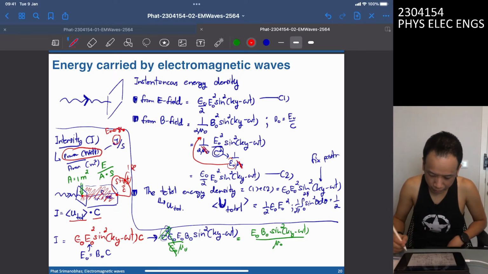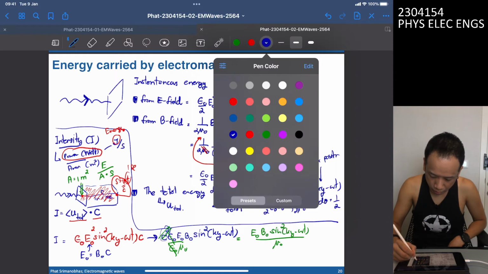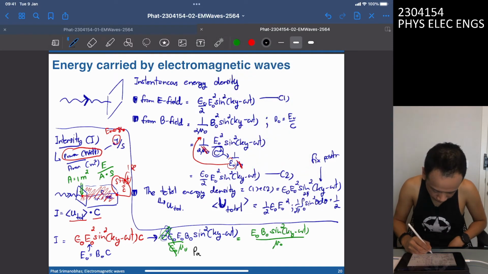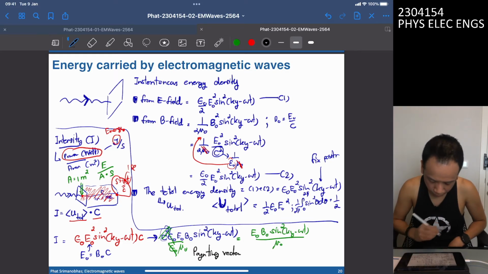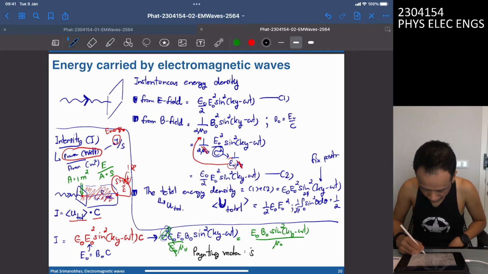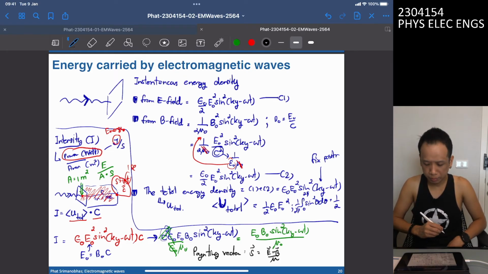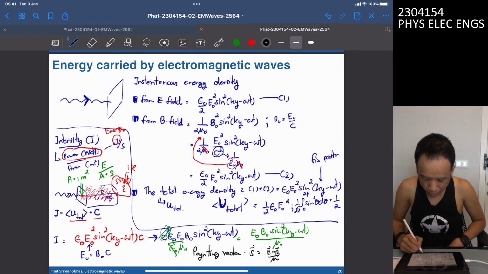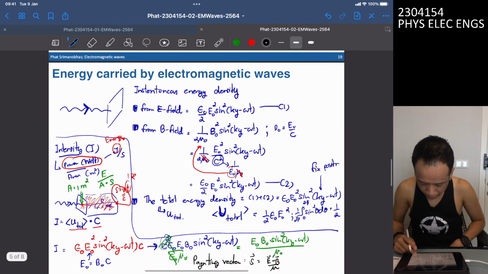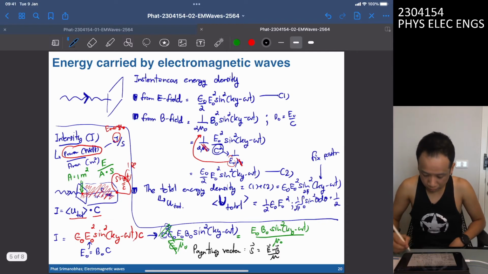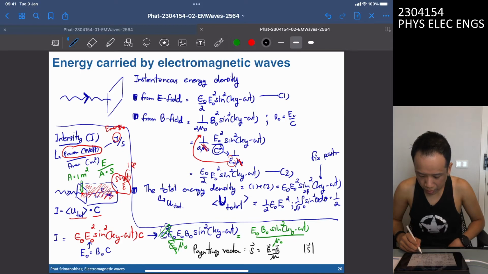Then we define a new parameter called the Poynting vector. The Poynting vector S is defined as E cross B over mu. What exactly is the Poynting vector? If you take the absolute value of S, it's going to be E, B, and psi.